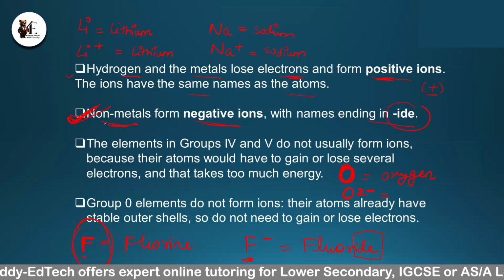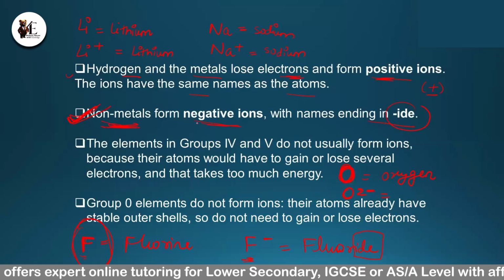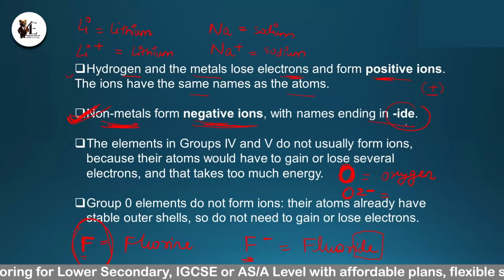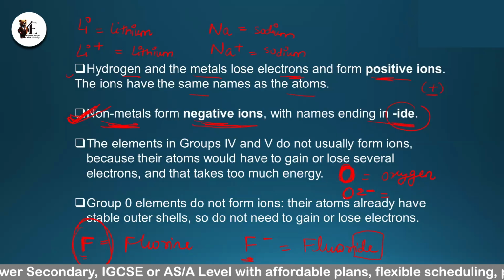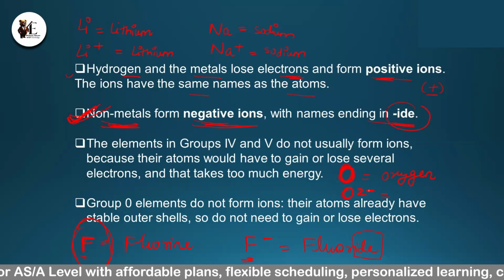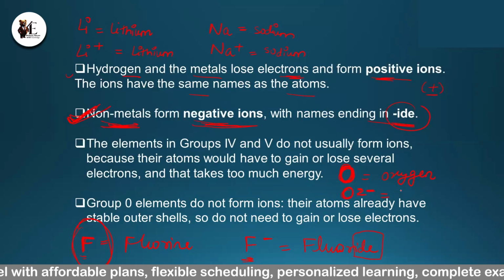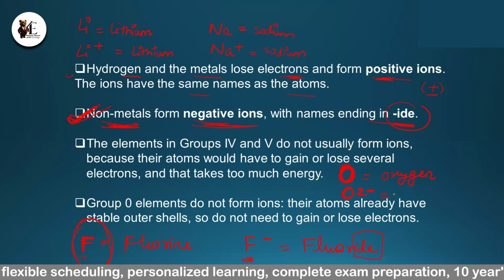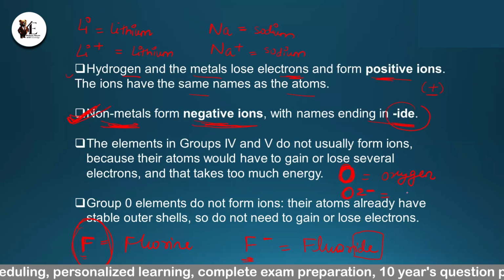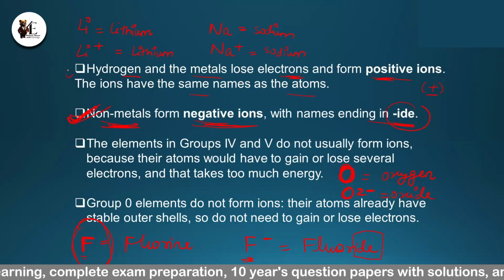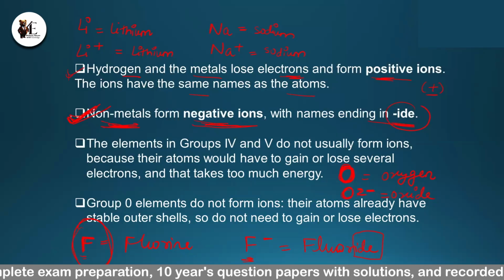It says that non-metals form negative ions with names ending in IDE. This is a non-metal, as you said, forming a negative ion, 2 minus. So its name should be oxide, right? I think these 2 points are clear with the examples.